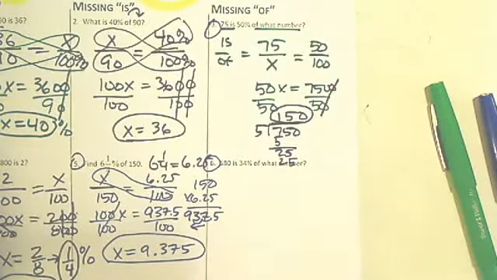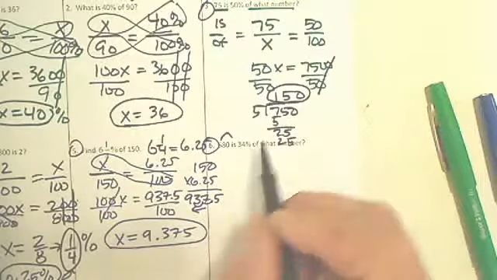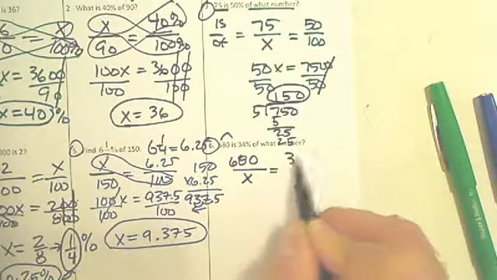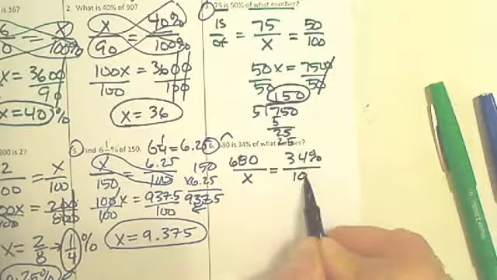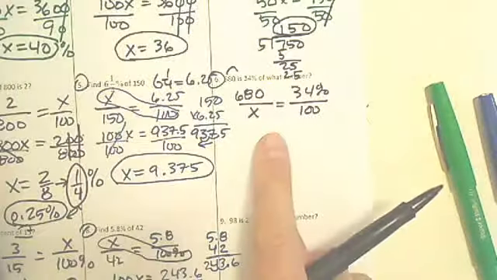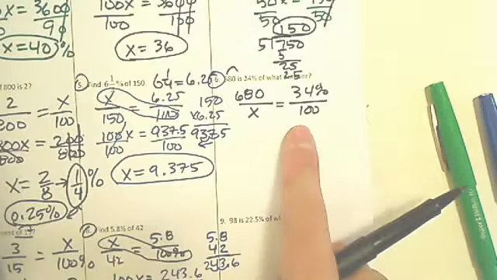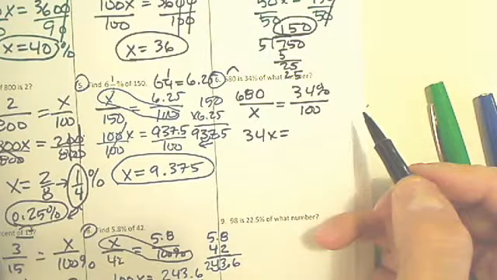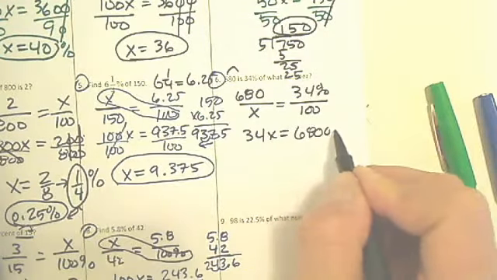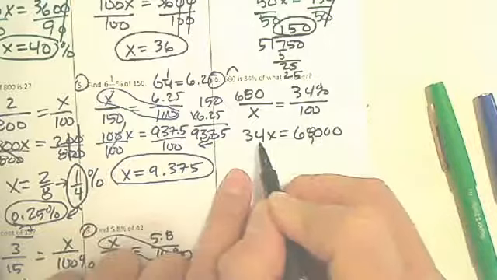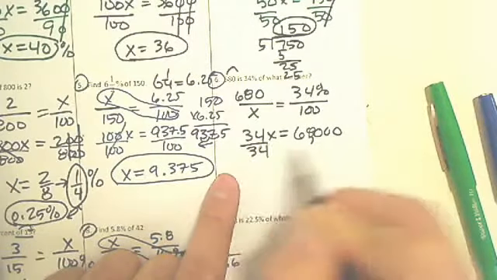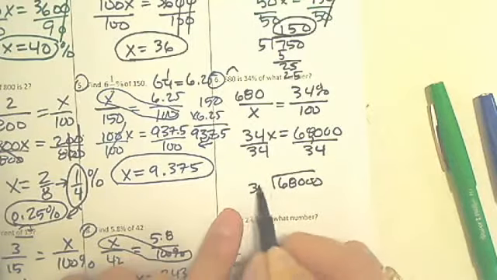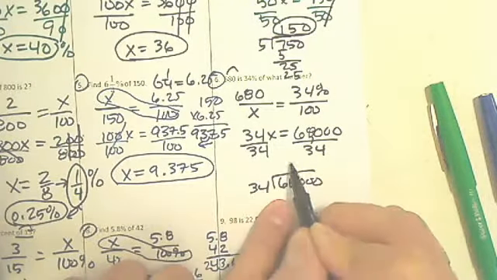And the last one? 680 is 34% of what number? So I have 680 over x, 34 over 100. I cross multiply, 34x equals 680 times 100, 68,000. 68,000 divided by 34. Now, this looks kind of hard. Top in, bottom out. 34 goes into 68.